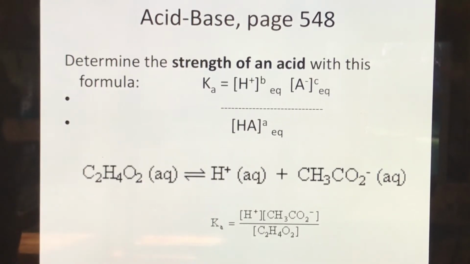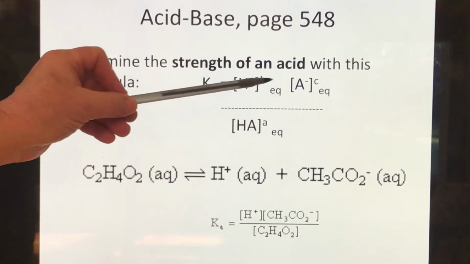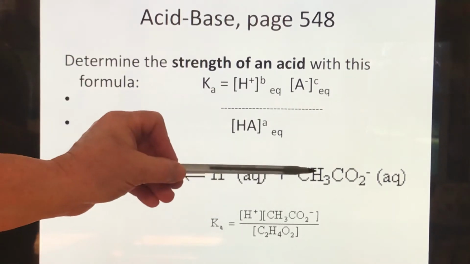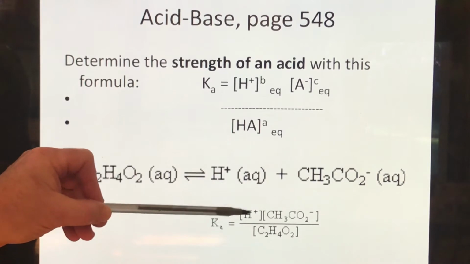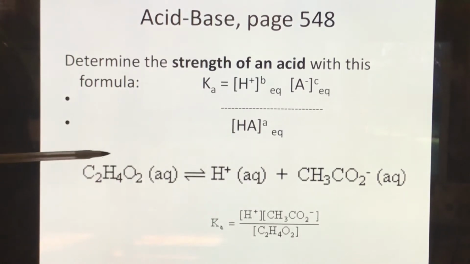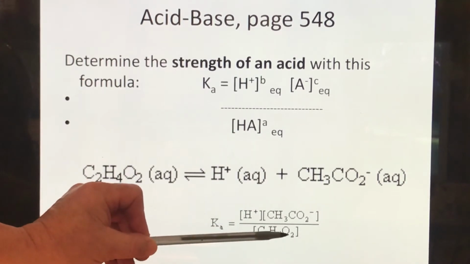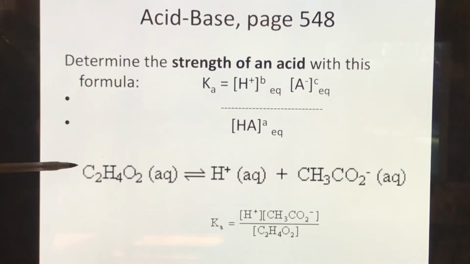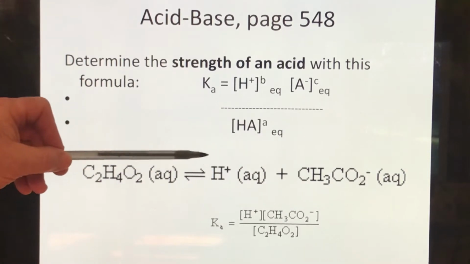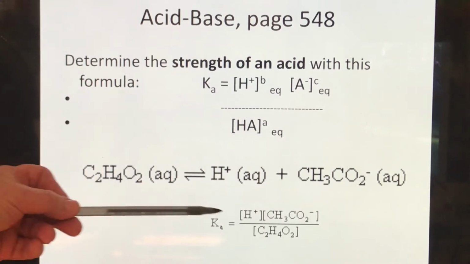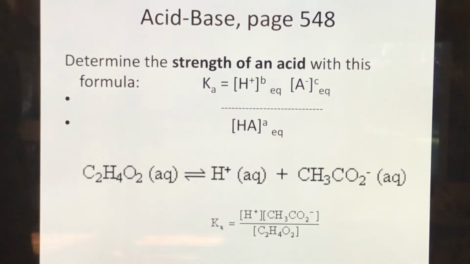So we're taking the two products here, and they're in the numerator, and then we have the reactant down in the denominator, and in this particular equation, all the coefficients are just 1, so everything is just raised to the first power.